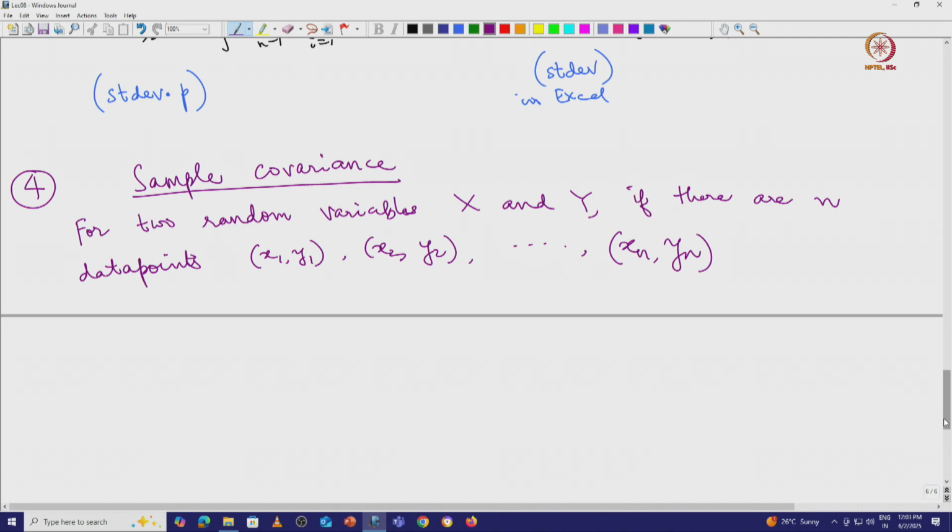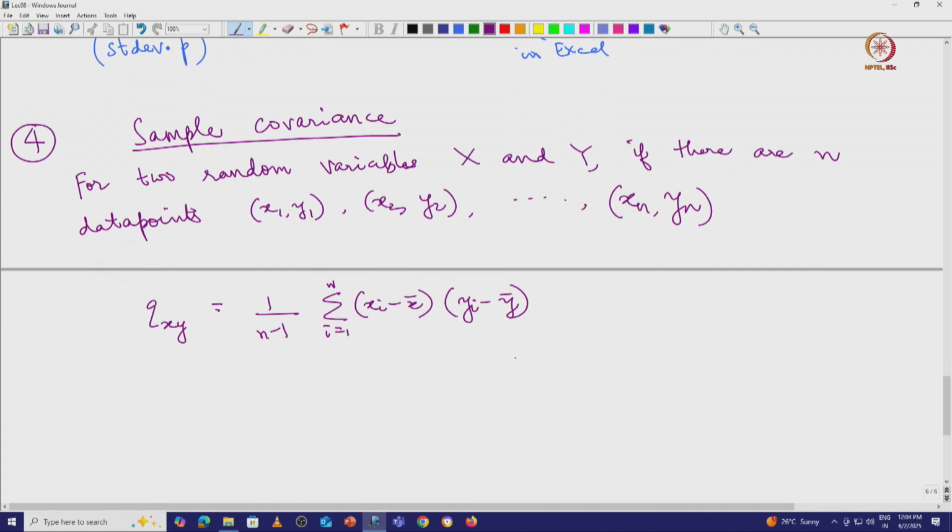So it is denoted as qxy, and that is equal to 1 over n minus 1 sum i going from 1 to n, xi minus x bar times yi minus y bar.